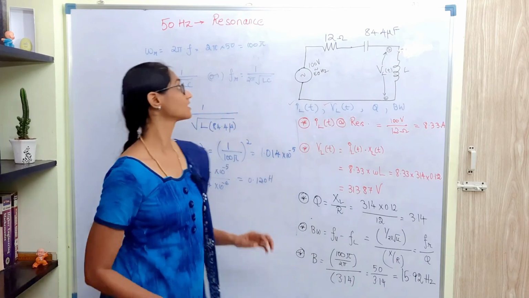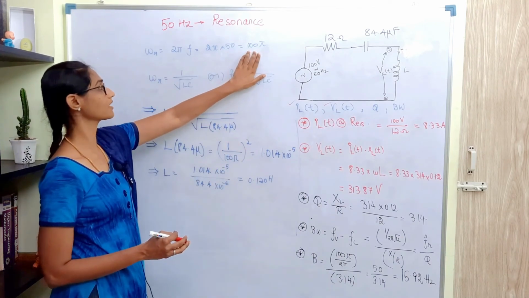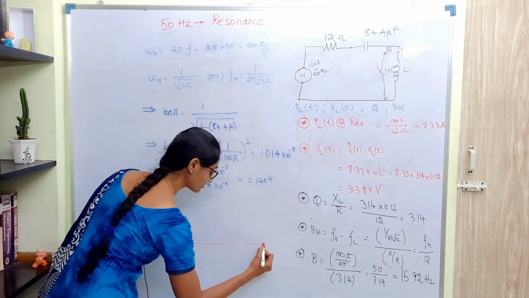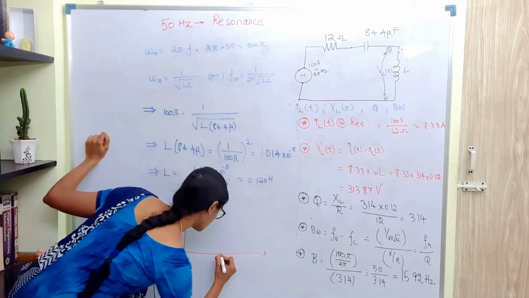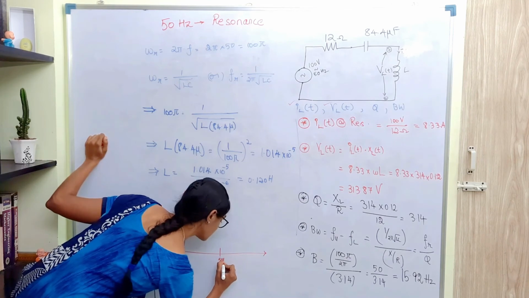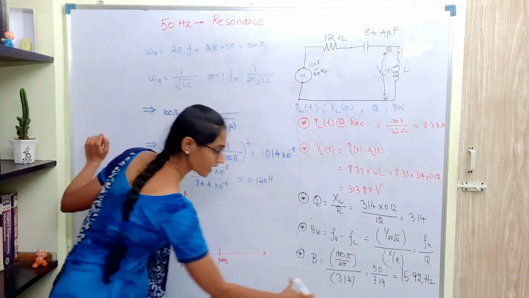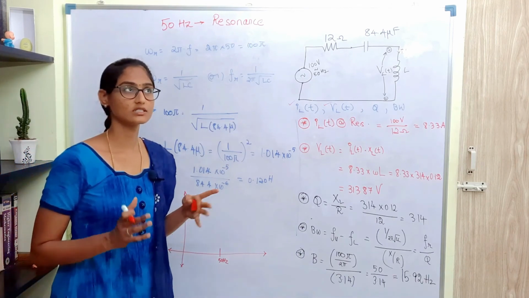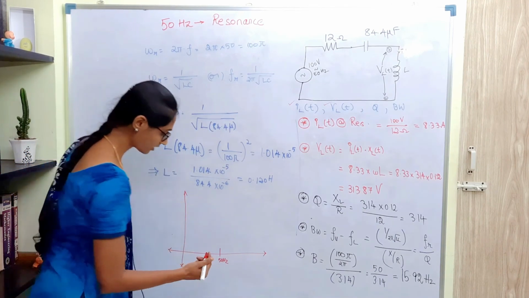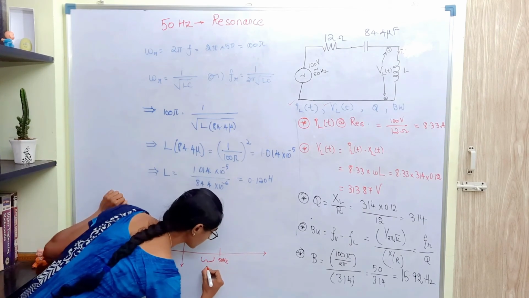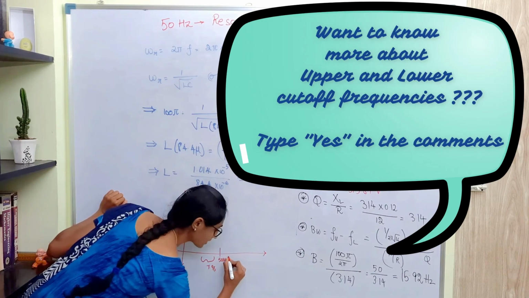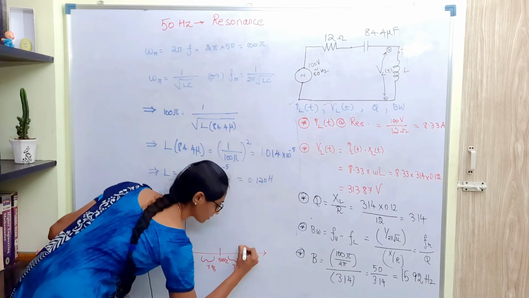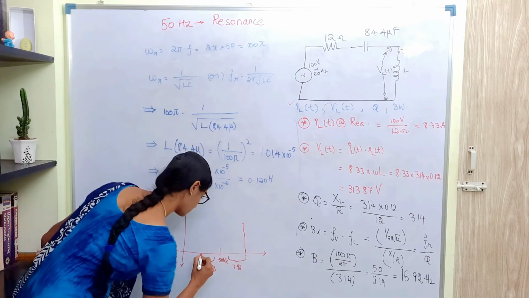We have seen that the resonant frequency is 100 pi and the linear frequency is 50 Hertz. So the graph is something like this. At this 50 Hertz resonance happens. The bandwidth is 15.92, half of which is 7.96. So at 7.96 Hertz from either side of the resonant frequency, we have upper and lower cutoff frequencies somewhere here.